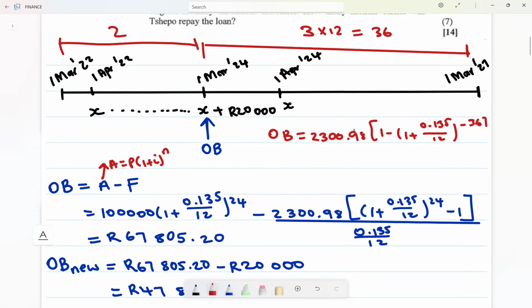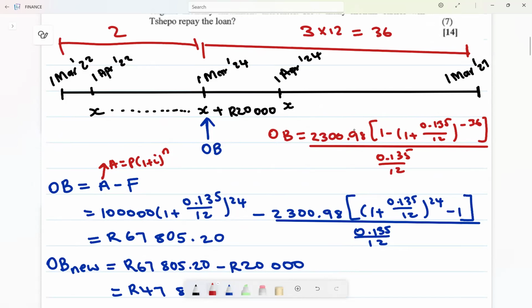So I'm going to say minus 36, and then divide that by my interest, which is 0.135 divided by 12. Let's confirm how much we get. The value should be slightly different from the one we got, but not by a big margin.